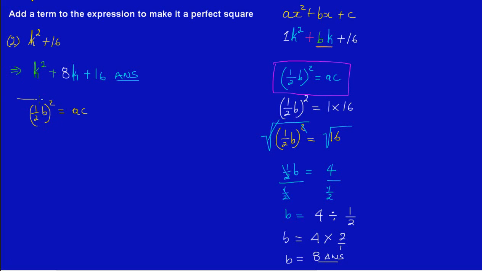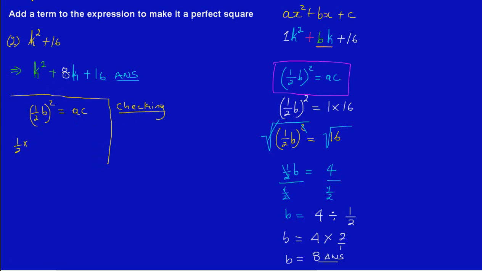Let me make a note here that we're just checking. This is a check. You're not required to do this, but it helps you understand the problem a bit more.